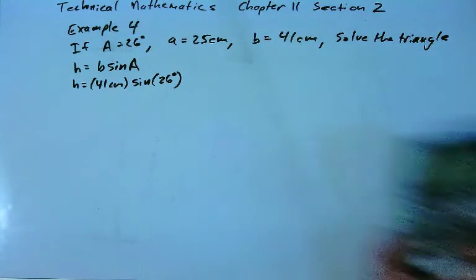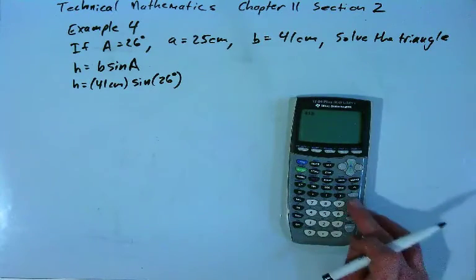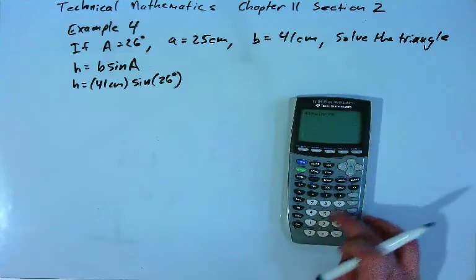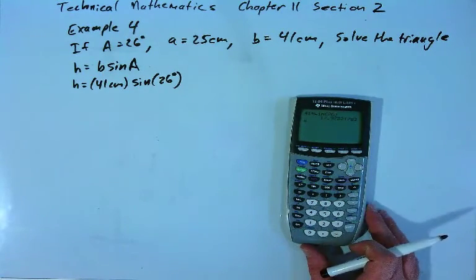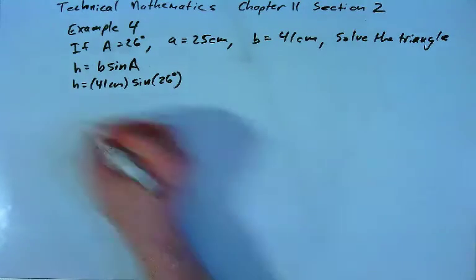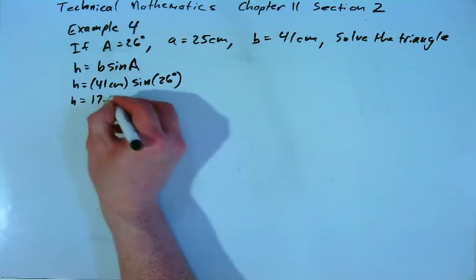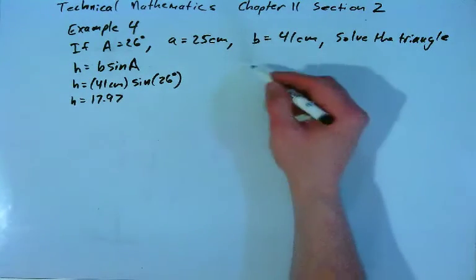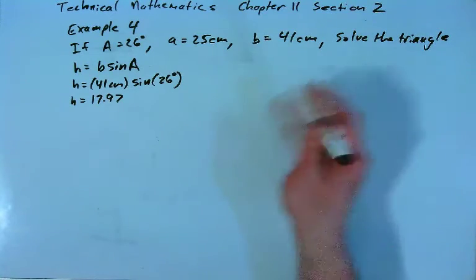And so we'll use our calculator to determine that. 41 times the sine of 26, and we get 17.97. H is 17.97.